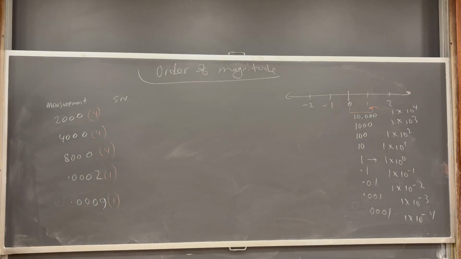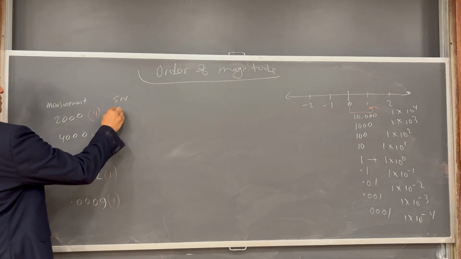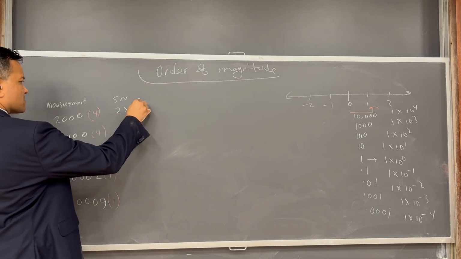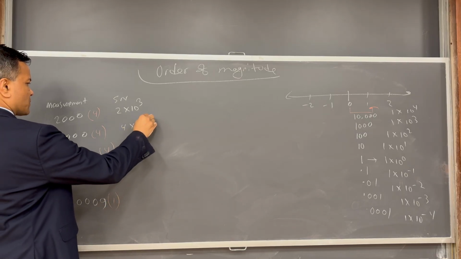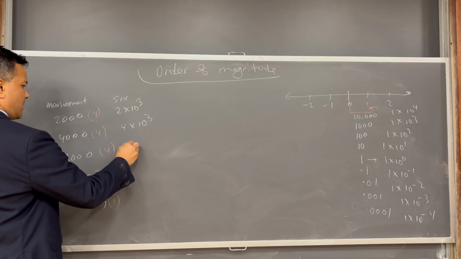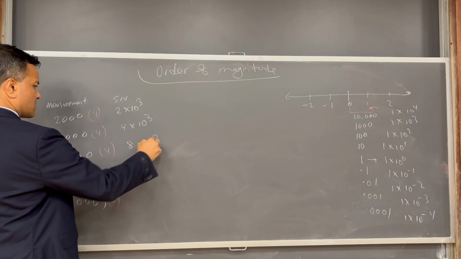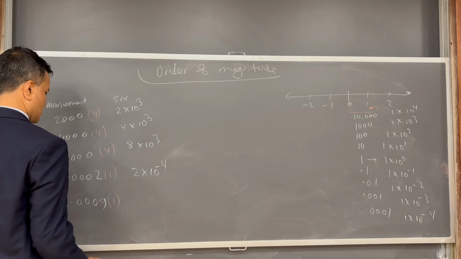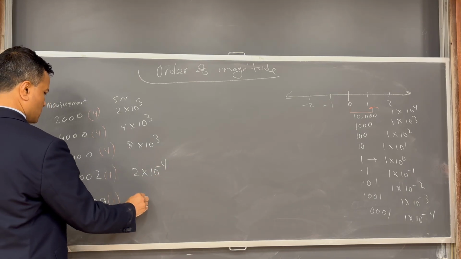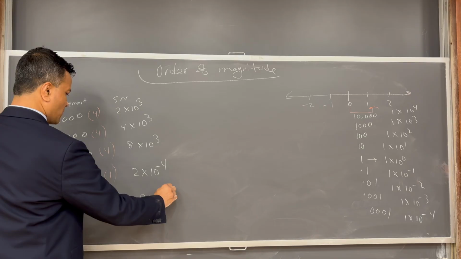All right. So scientific notation. You have 2 times 10 raised to 3. You have 4 times 10 raised to 3. You have 8 times 10 raised to 3. You have 2 times 10 raised to negative 4. You have 9 times 10 raised to negative 4.